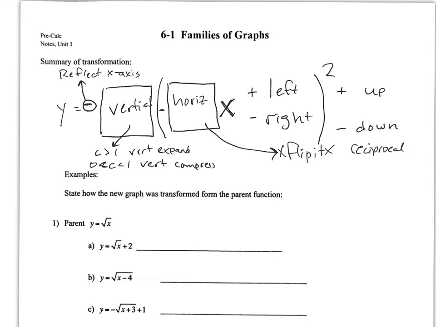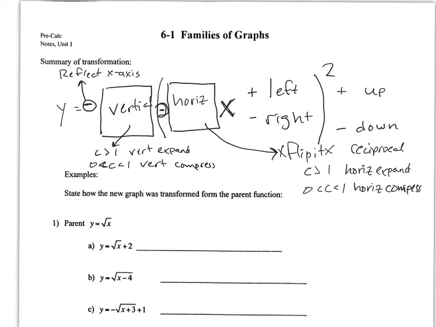And if you do the reciprocal, then the rules are the same. If that number is greater than 1, this is now going to be a horizontal expand or stretch. And if that number is between 0 and 1, this is now going to be a horizontal compress or shrink. There's an R in there.